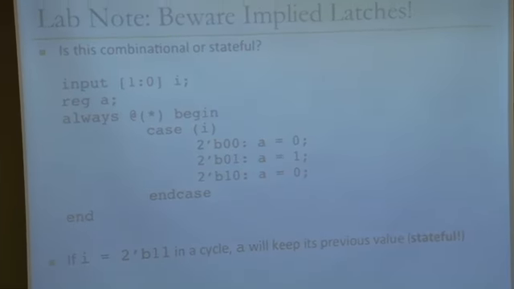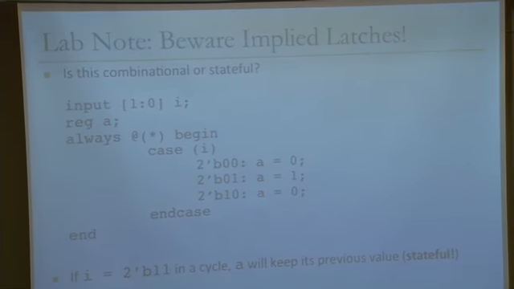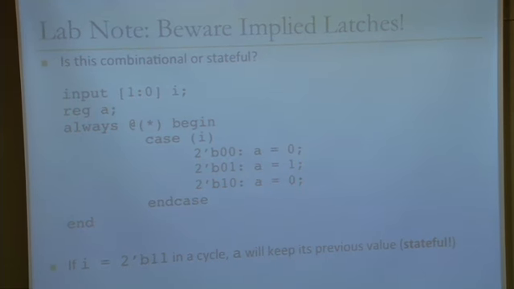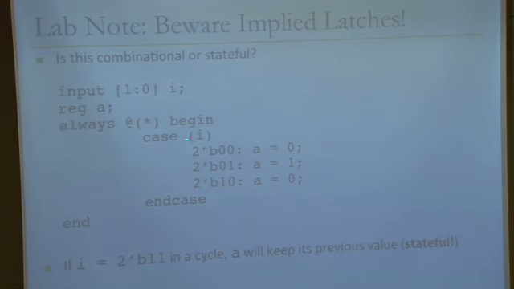It'll be the same. Okay, one note on labs. So this is the Verilog code, similar to what some of you did in the lab. The question is, is this combinational or stateful? It's stateful because you have not specified what this variable takes for one case, right?